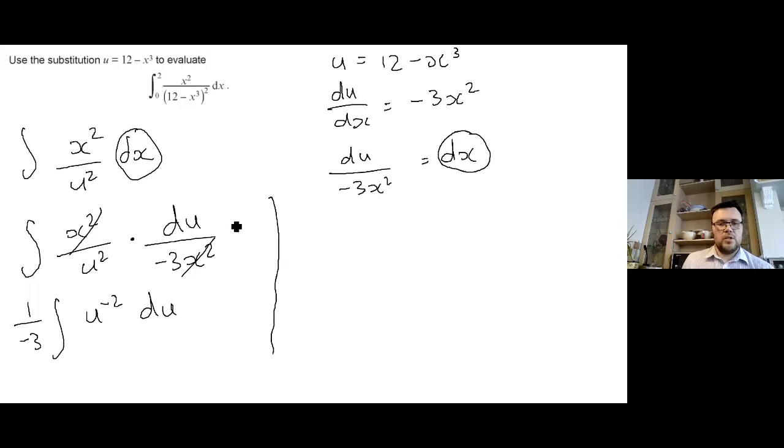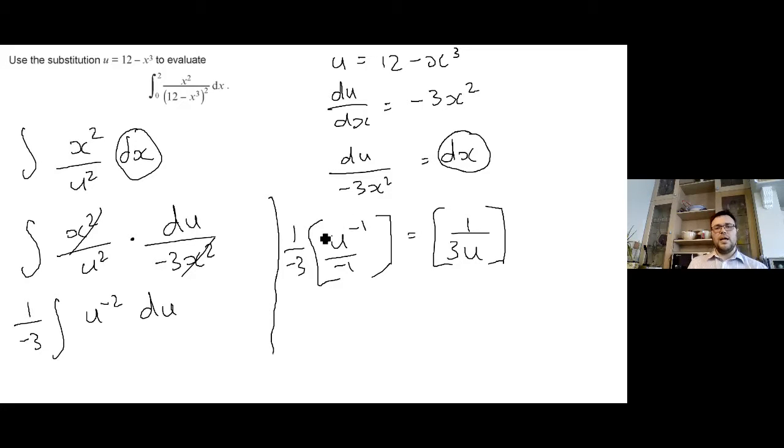So this is minus a third, and then it's going to be u to the minus 1 over minus 1, which is going to be equal to, let's see, 1 over, and then that minus 1 comes down, they cancel out, so it's going to be 1 over 3u. You can either substitute back in that u if you wanted to, or what you could do is, where am I looking at?